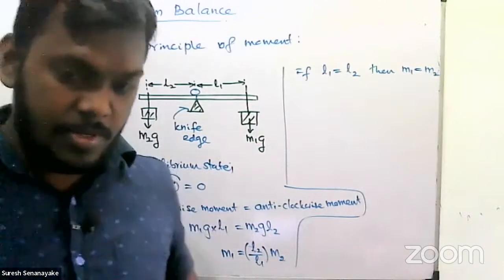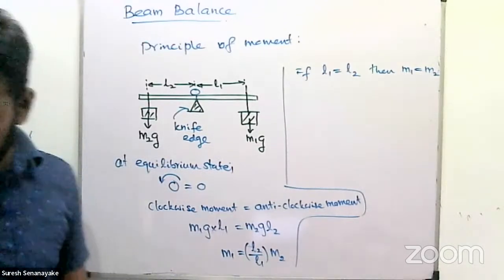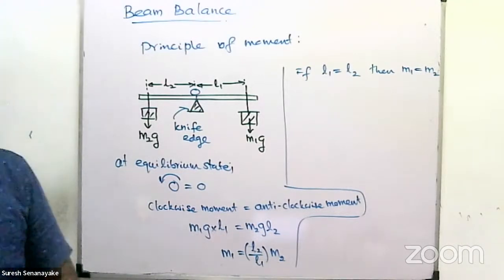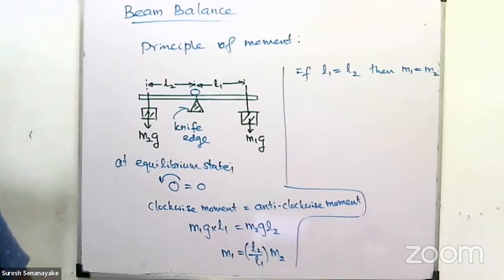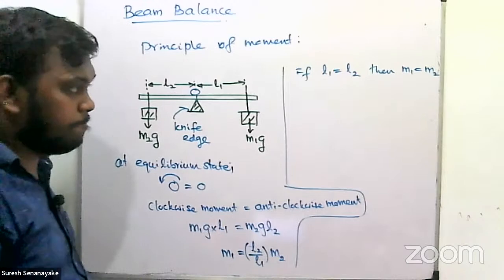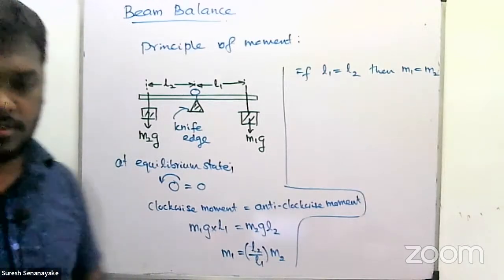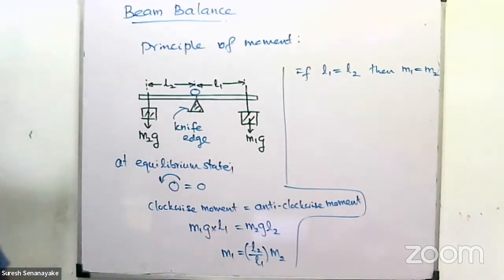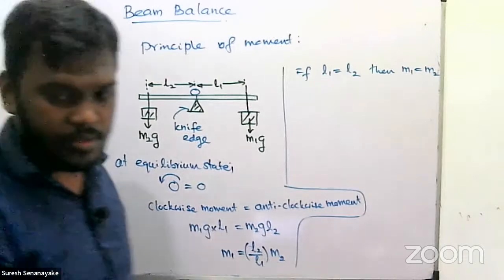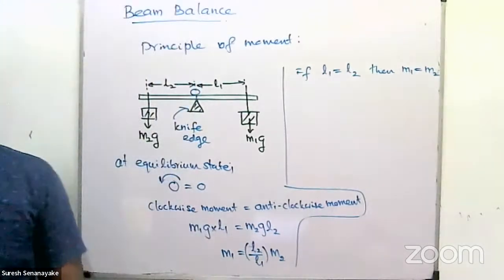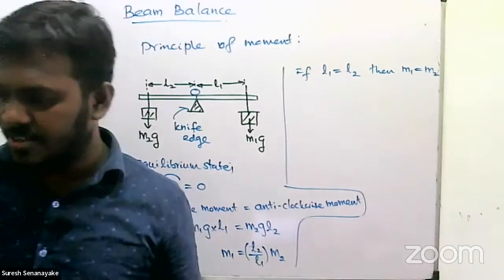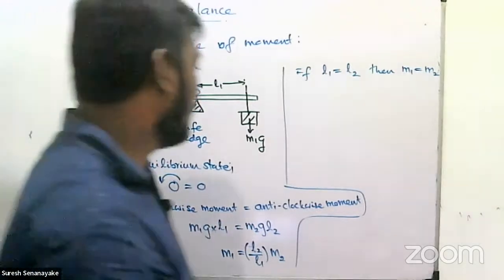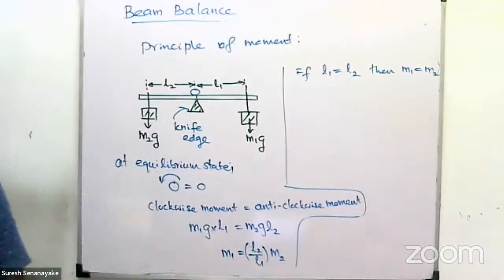It is difficult to find the known masses for all the unknown masses to balance the beam.